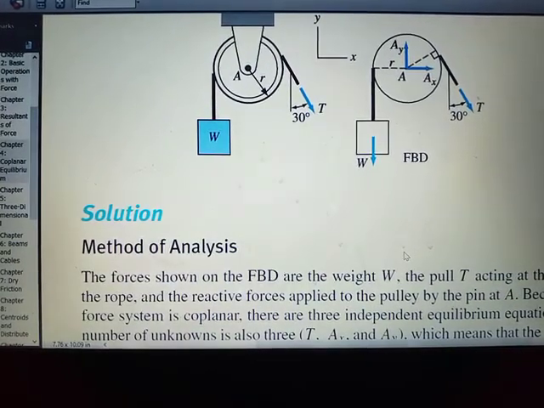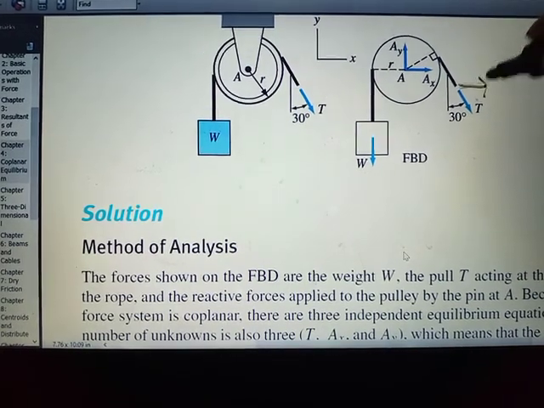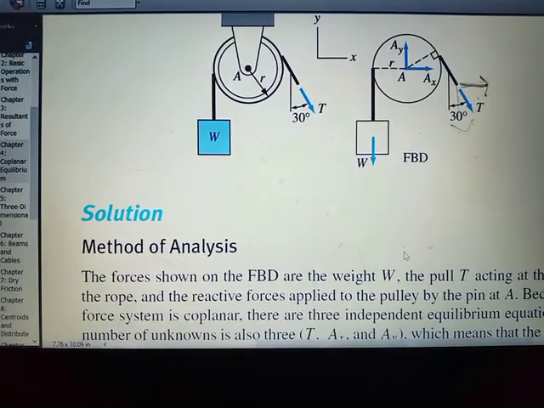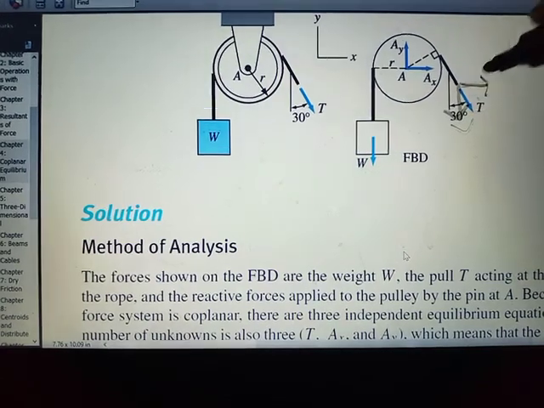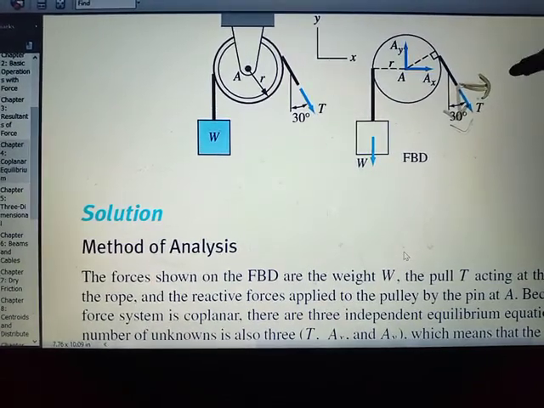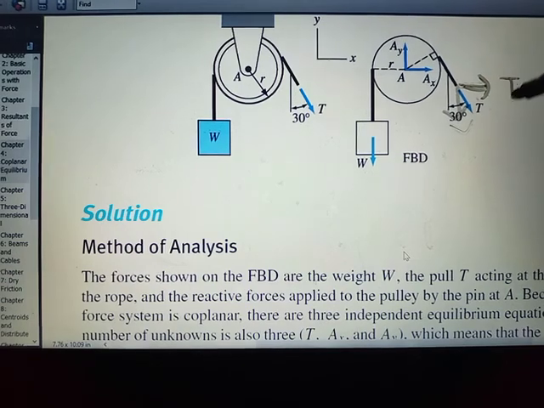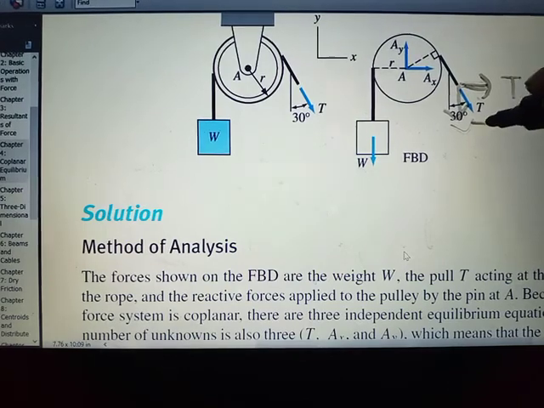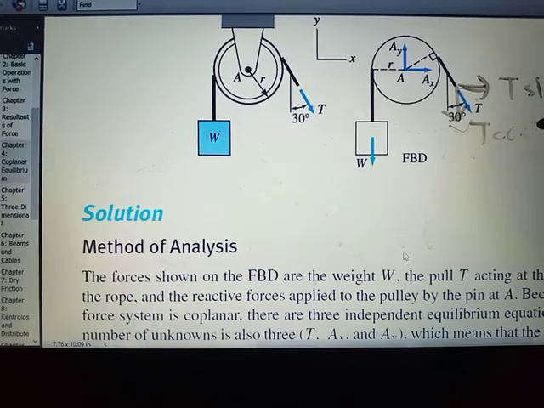This is T, and you can break it down into components: T sine 30 degrees and T cosine 30 degrees.